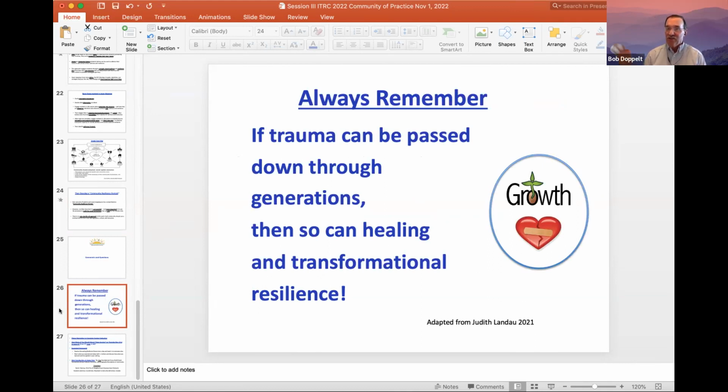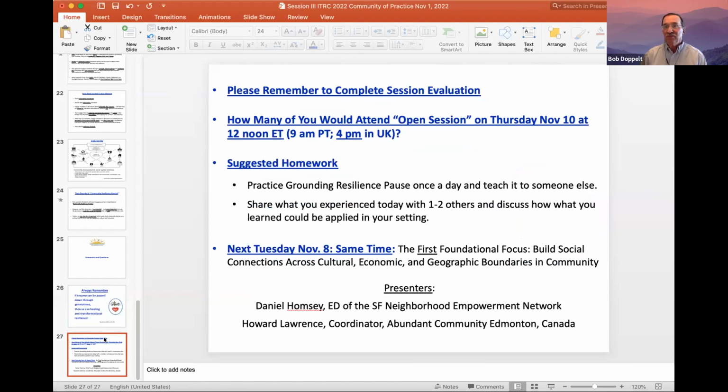We just have to put our focus on that rather than always trying to fix problems, fix deficits, heal traumas, or treat traumas. That's all important, but we can build the capacity for individuals, communities, and families to heal and practice transformational resilience.